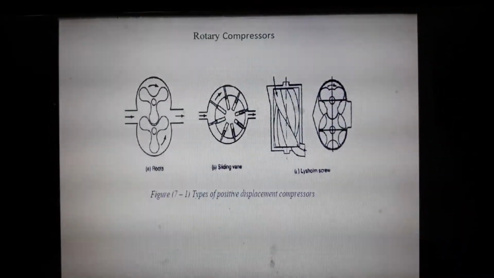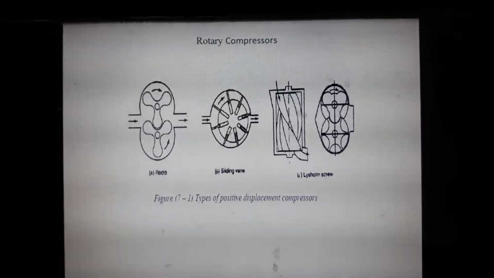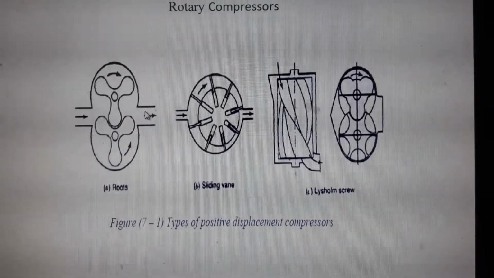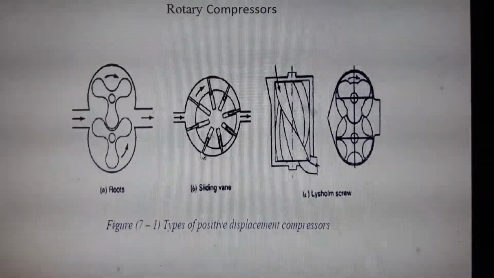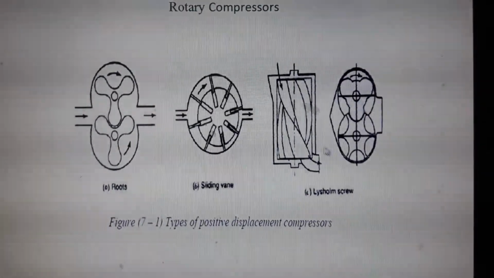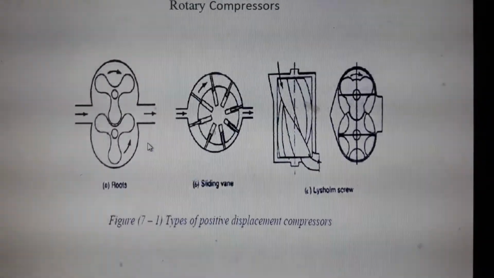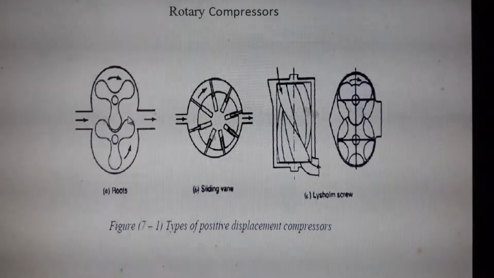First let us discuss the root blower compressor. The first sketch is of the root blower compressor, the second sketch is of the vane compressor, and the third sketch is of the screw compressor.